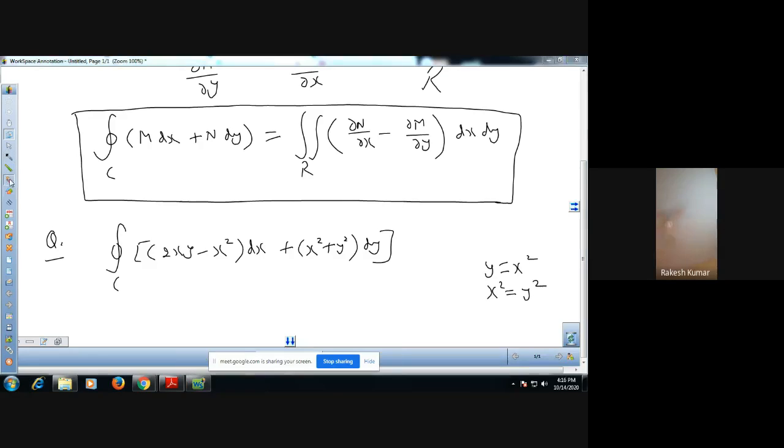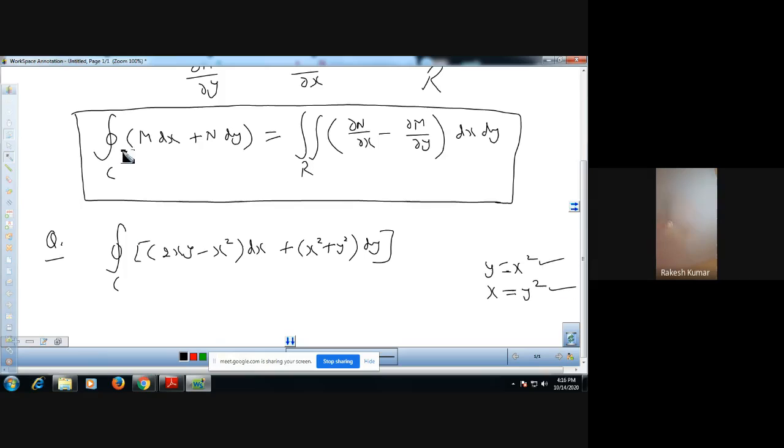So these are the two parabolas which we have been given. So the region is bounded by these two parabolas. This is an upward parabola and this is a right parabola.